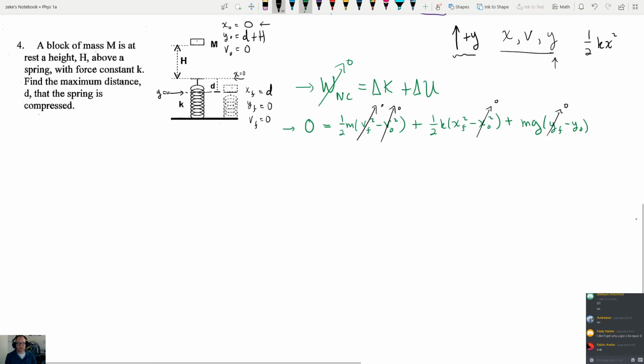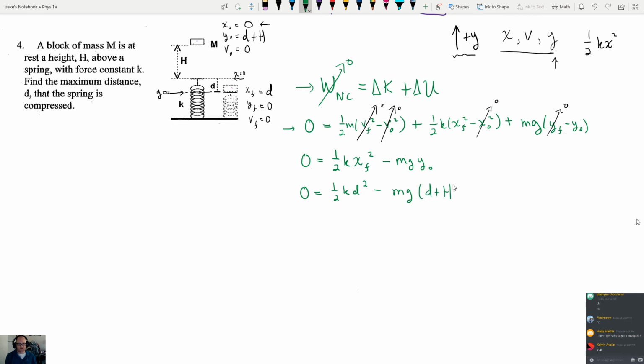So our entire equation has now reduced to just 0 equals 1/2 k times x final squared, minus mg times y initial. We can now plug in our numbers. So we have 0 equals 1/2 k. X final was d, so this becomes d squared, minus mg times y initial, which was d plus h.